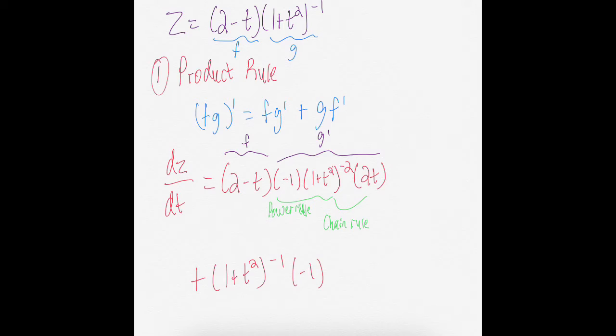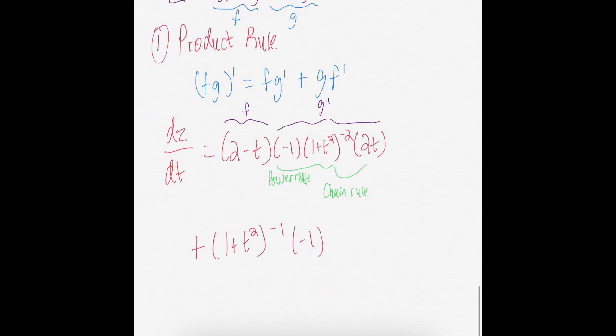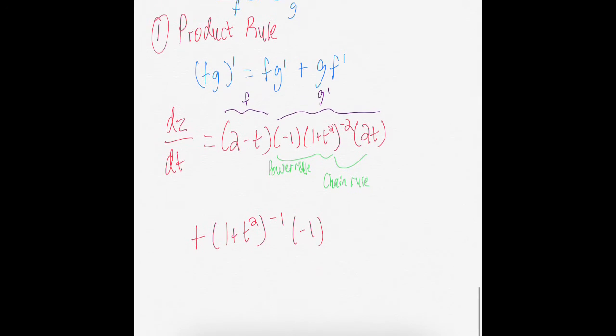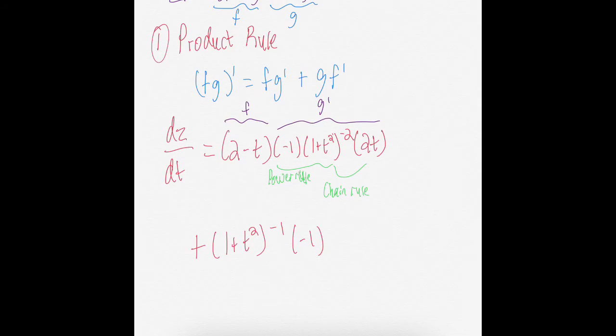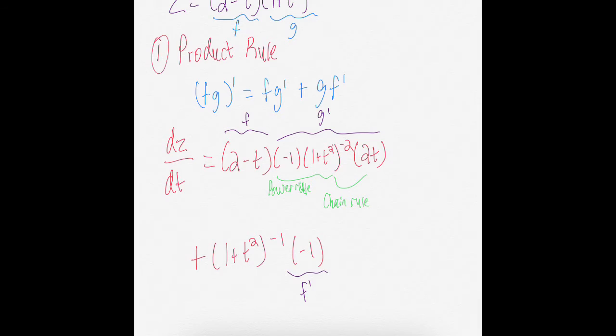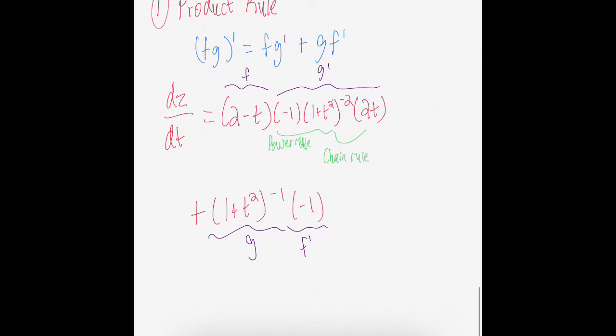So I have 0 plus the derivative of minus t, and the derivative of minus t is just minus 1. Okay, so this right here, this minus 1, this is f prime here, and this 1 plus t squared to the minus 1, that is just g.